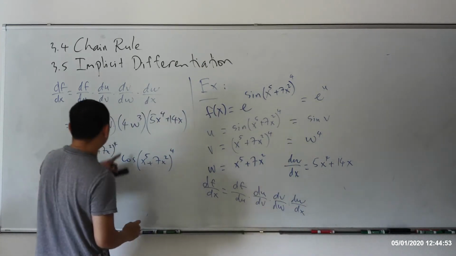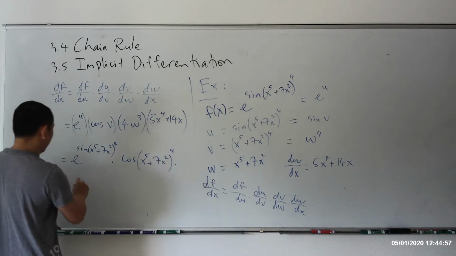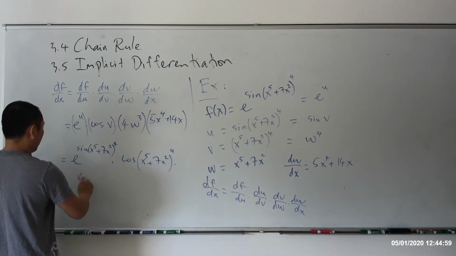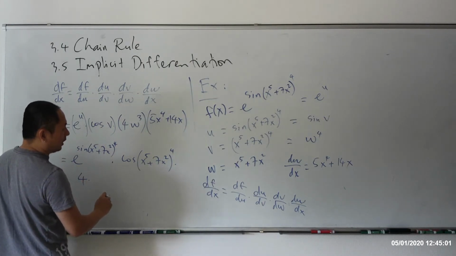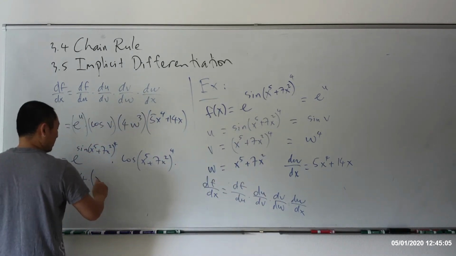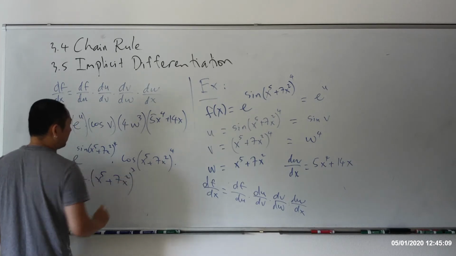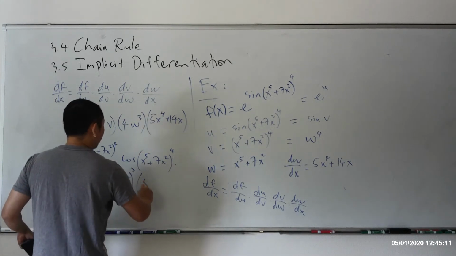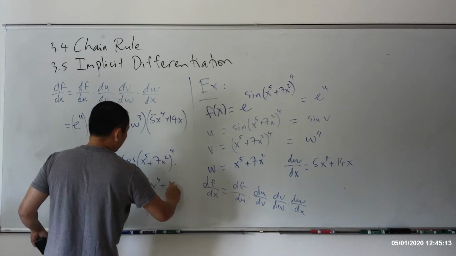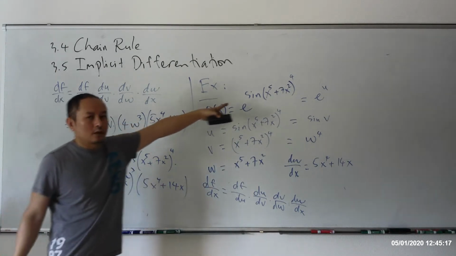And then times 4. I'm running out of space, so let me go down here. Times what? 4 times w to the third. My w is this, so 4 times x to the fifth plus 7x squared raised to the third power, and then times 5x to the 4 plus 14x. This is the derivative of this function right here.